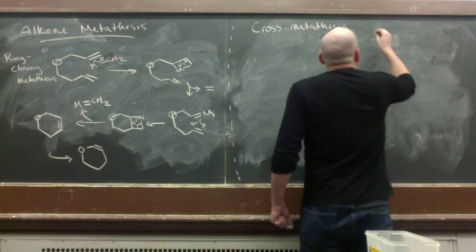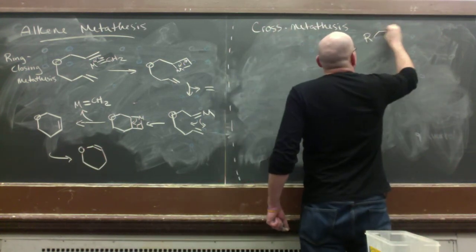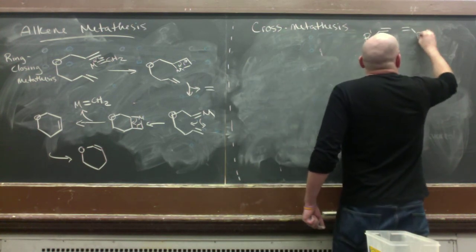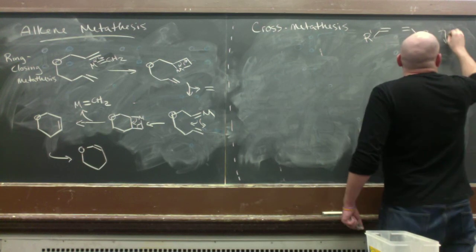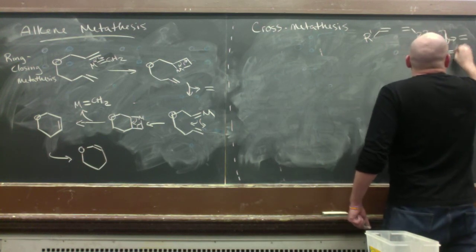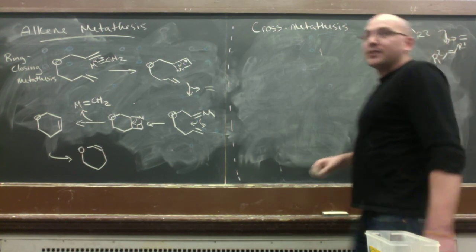Right, so what we're talking about is a system where you have, say, for example, 2 alkenes, R1, R2, and they react, and you get, say, for example, a new alkene like this.